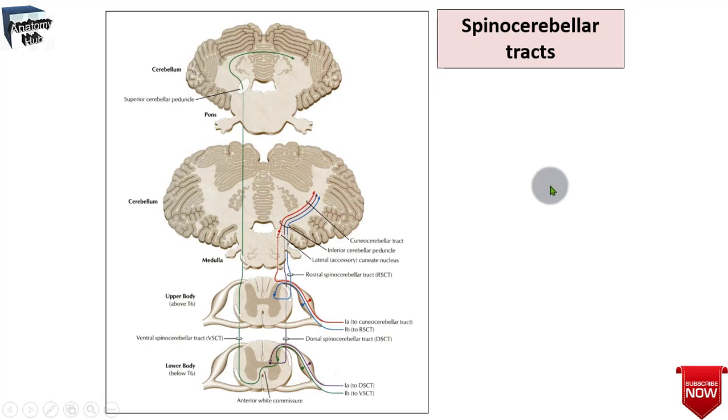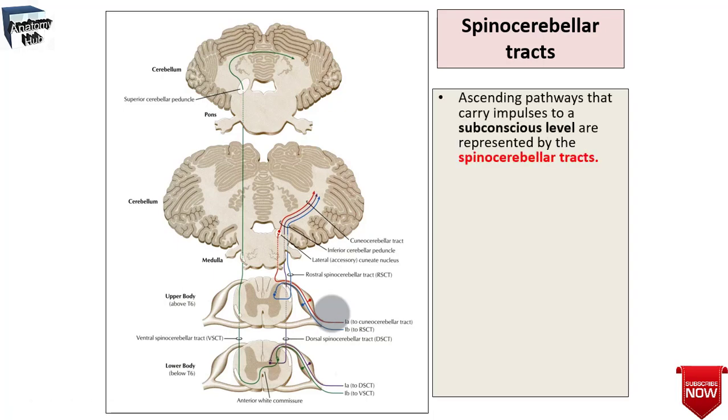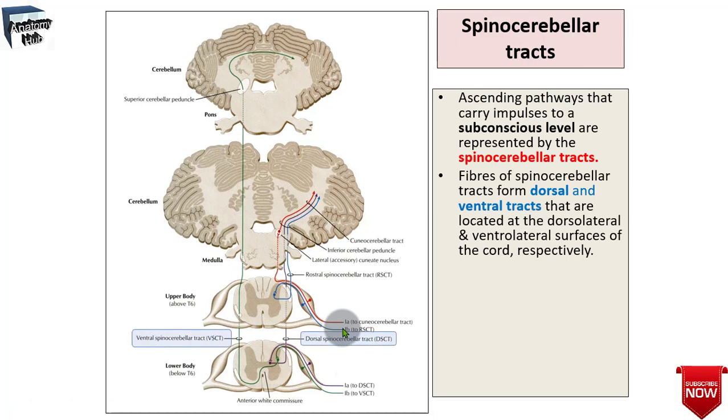Then here you will find the spinocerebellar tract. The spinocerebellar tracts are two in number: the posterior spinocerebellar tract and the anterior spinocerebellar tract. These are the ascending pathways that carry impulses at a subconscious level. They may be called the dorsal spinocerebellar tract and the ventral spinocerebellar tract.